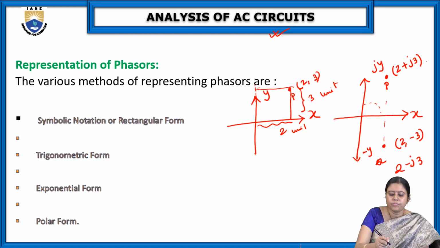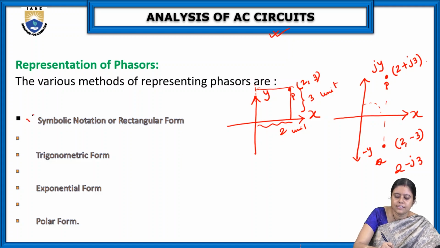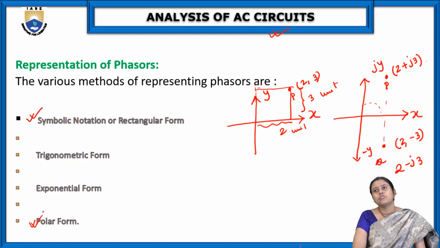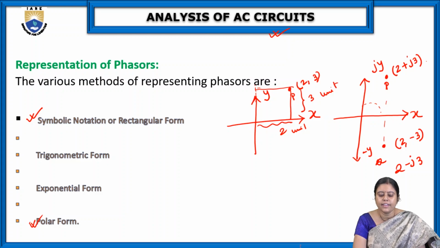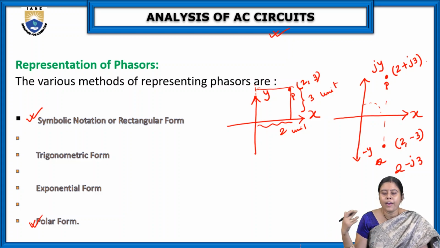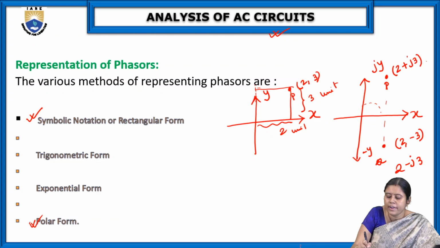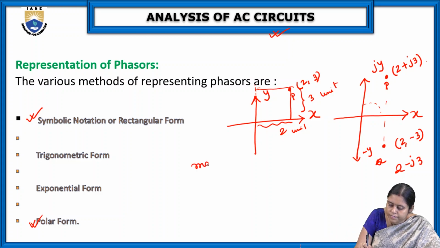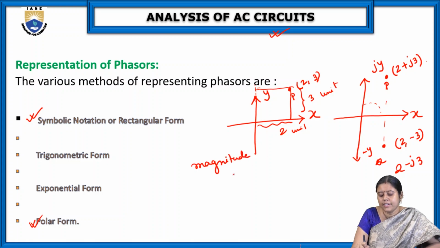Next, very important after this, is the polar form. What is the meaning of the polar form? Polar form means any point, any location, can be told in polar form. For a complex number, any value has one magnitude as well as some angle.